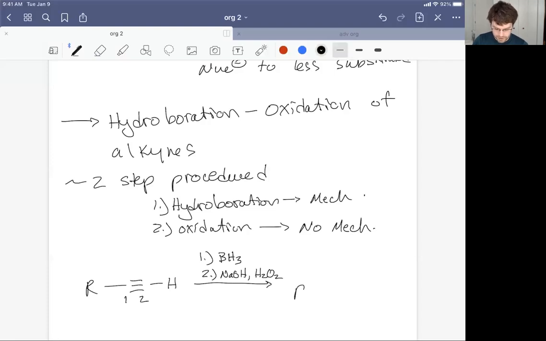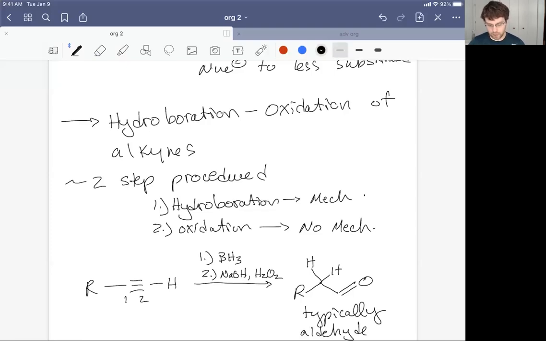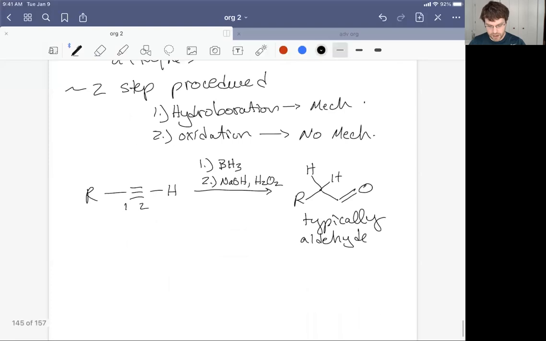The outcome after these two steps is a carbonyl. Typically, it's an aldehyde. And our two hydrogens from the anti-Markovnikov hydration have been added to what was carbon 1, the more substituted position, and the oxygen bound by the added carbon-oxygen double bond is at the less substituted position. So that's where we get anti-Markovnikov hydration.